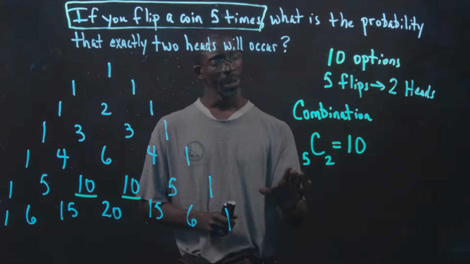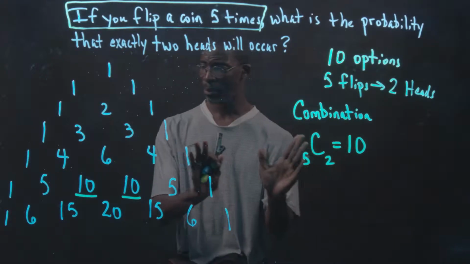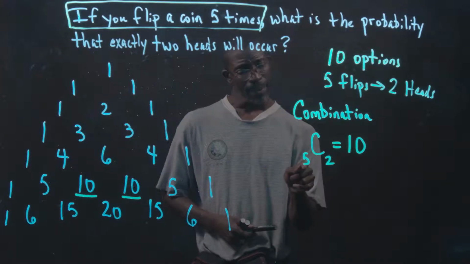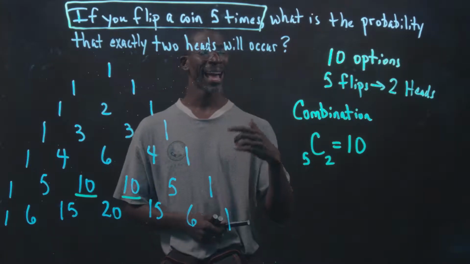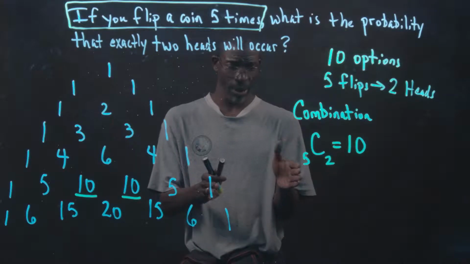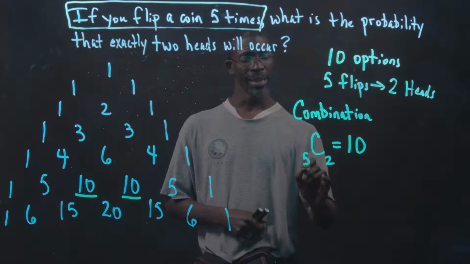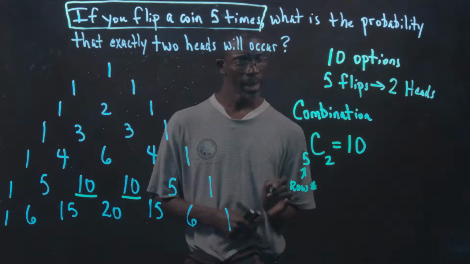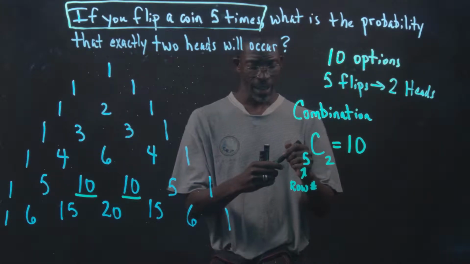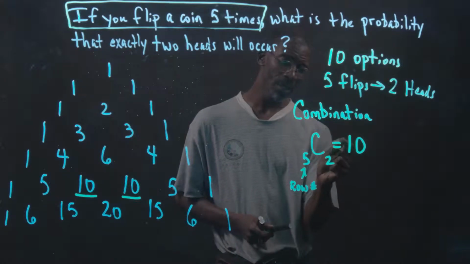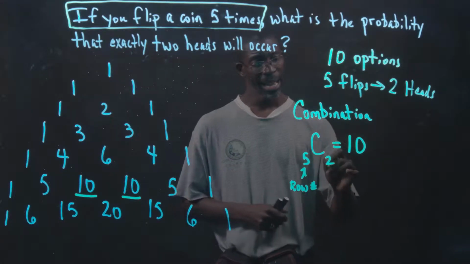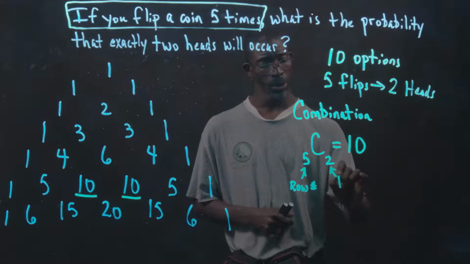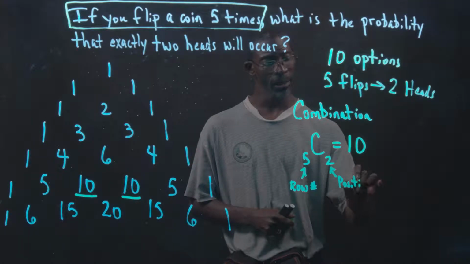How does this nomenclature of 5C2 relate to Pascal's triangle? Well, the first number, 5, which tells you how many items there are in the sequence altogether, is the row number. This is your row number. The number behind it, which specifies how many items you're specifically focusing on within the arrangement, is your position number. This is your position number.